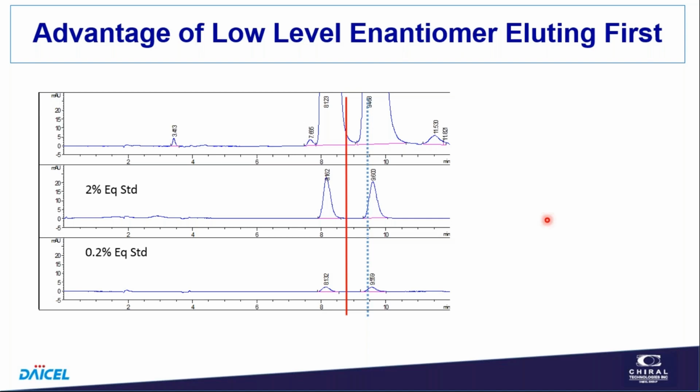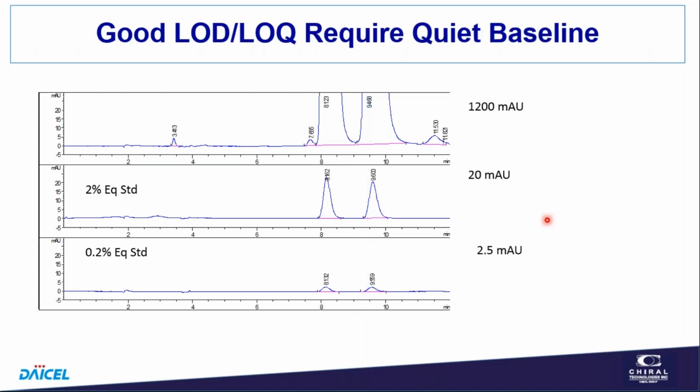Two advantages: one, the first peak is usually taller, and the other is there's less interference from the later eluting peak. Can't always do that, but at least you need to be aware that you can have some tailing of the first peak into the second peak. And good LOD, LOQ requires a quiet baseline. We'll talk about this a little bit more in a later slide.